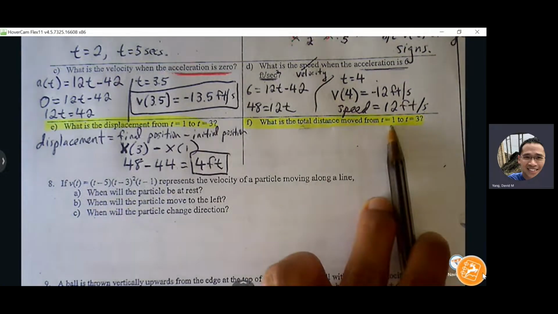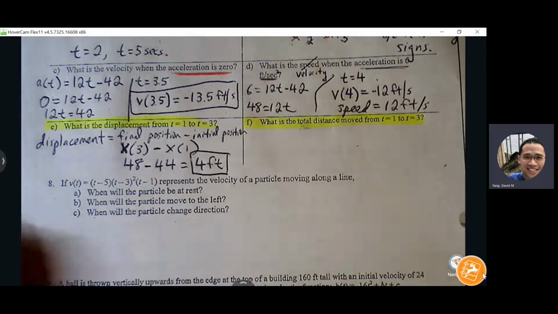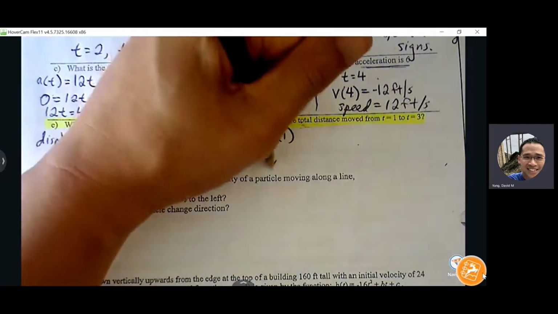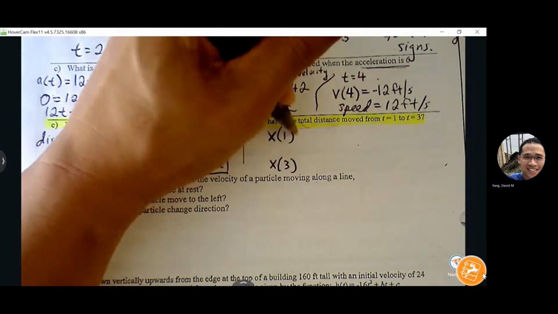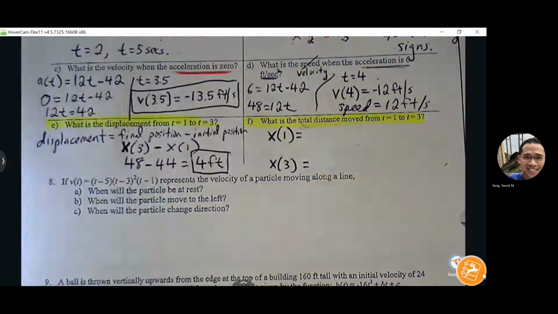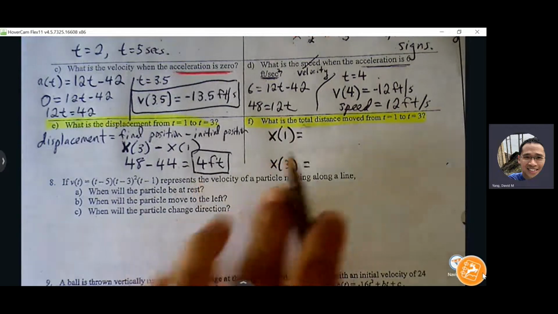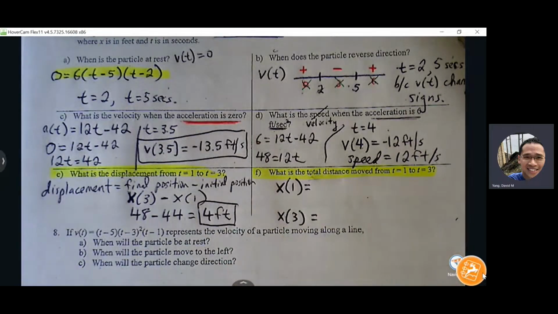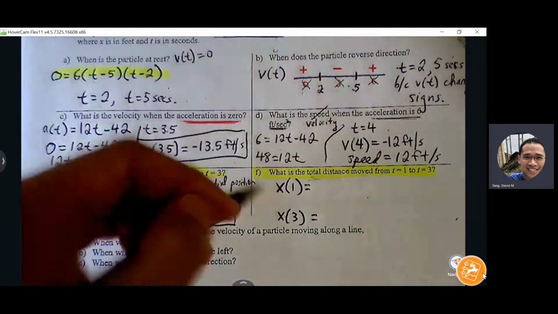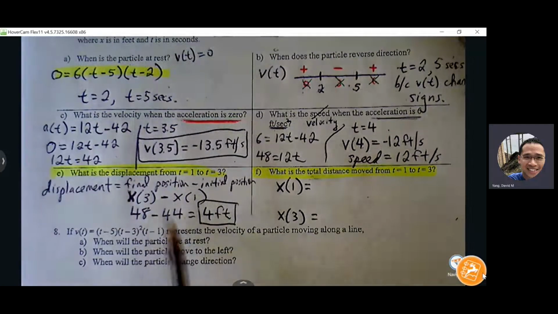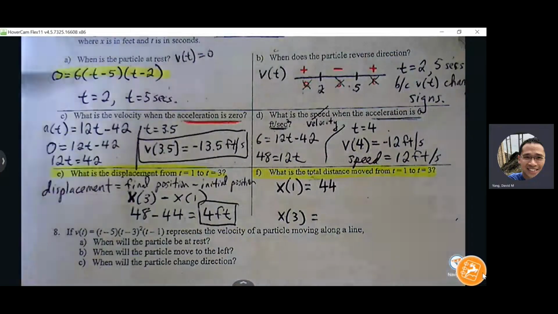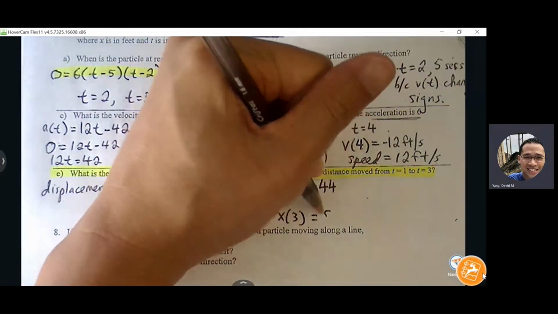Well, we definitely need to know the starting position and ending position. So I'll put x of 1 and x of 3. x of 1 just means I want to find the location of this object. Where is this object on the x-axis at 1 second? And it's 44, same as the information that we gathered from part E, and it ends at 48.